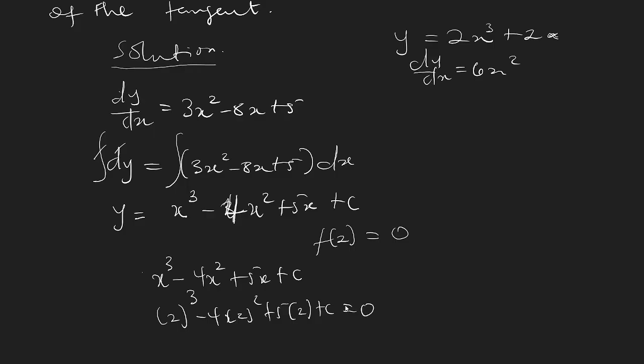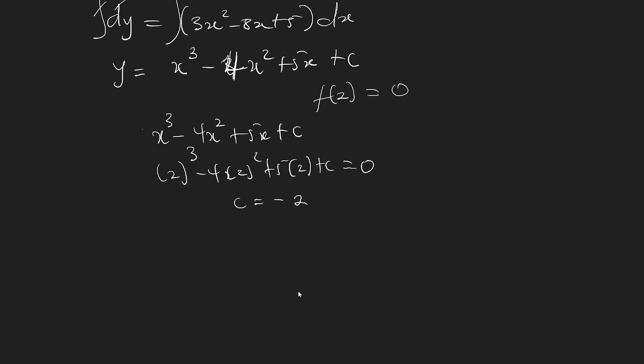So what happens here? When you put all these values, our c will be equal to negative 2. So at this point, the equation will be y equals x cubed minus 4x squared plus 5x minus 2.